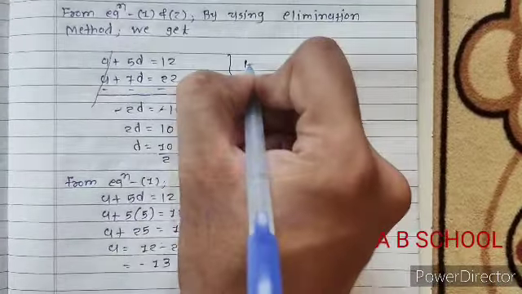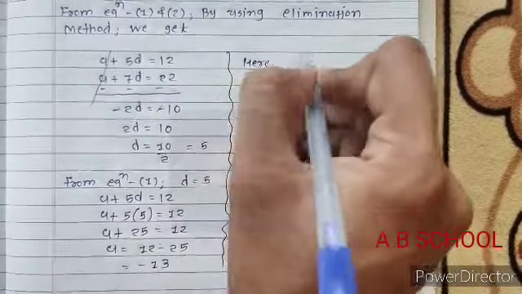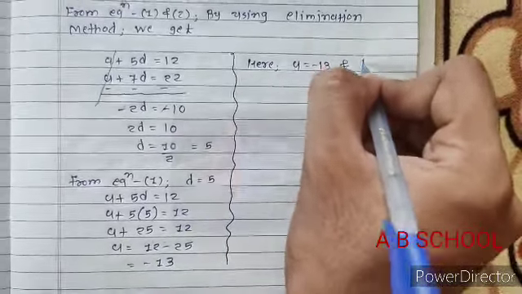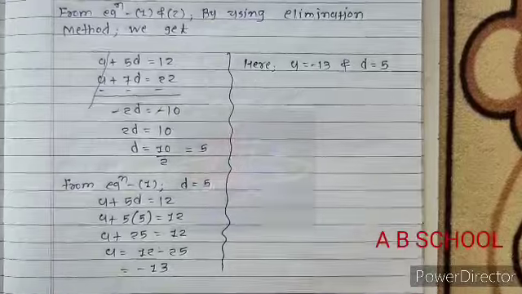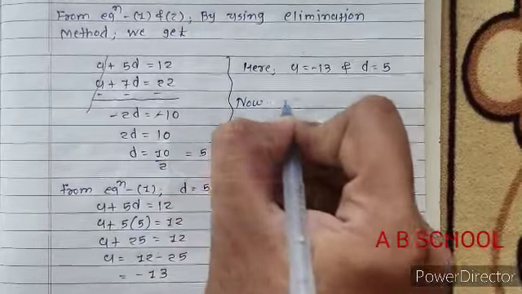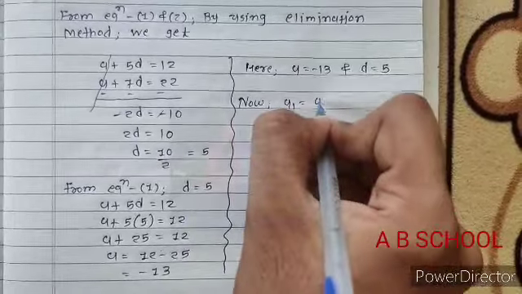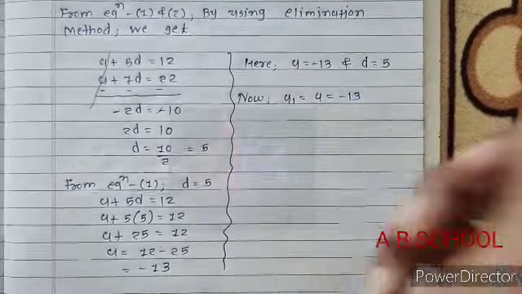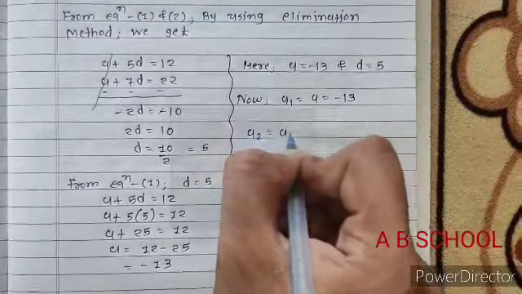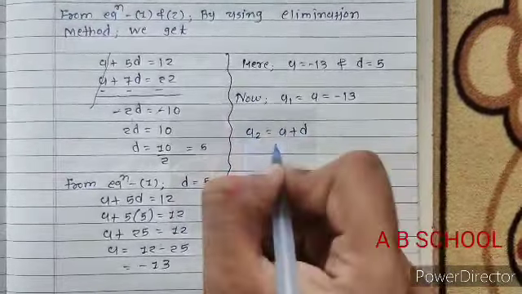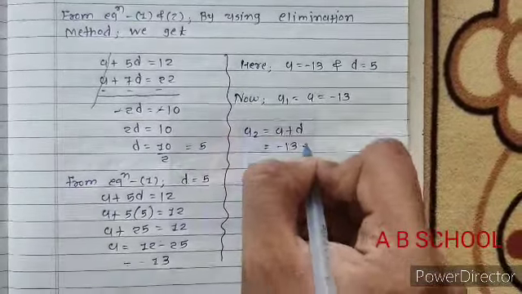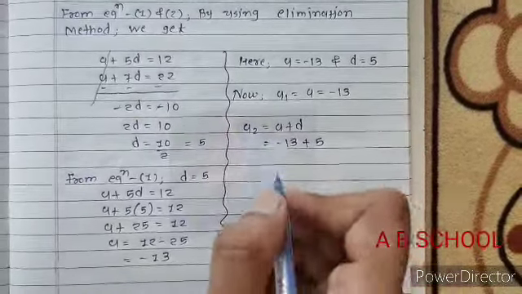So here the value of A is equal to minus 13 and common difference D is equal to 5. Now for the first term, A1 is equal to A, which is minus 13. Second term, A2 is equal to A plus D, the value of A minus 13 plus common difference D, 5.